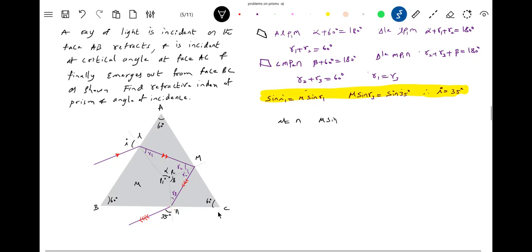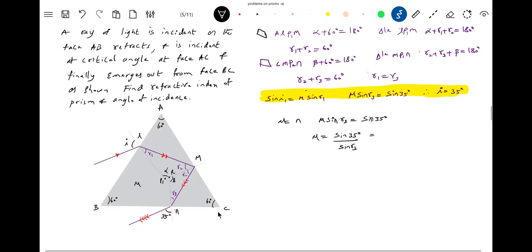Mu sine R3. Mu is what we need: sine 35 degrees by sine R3.